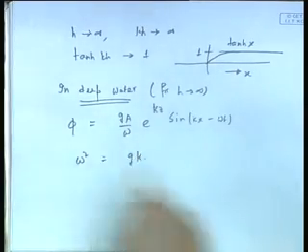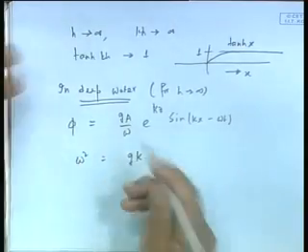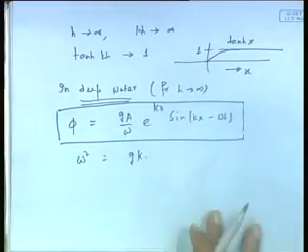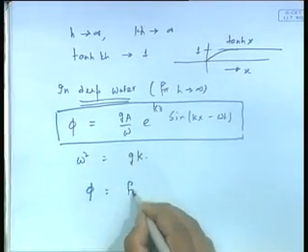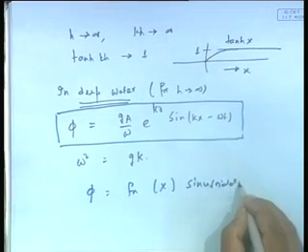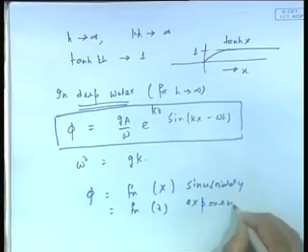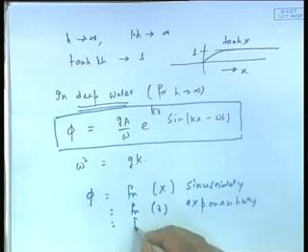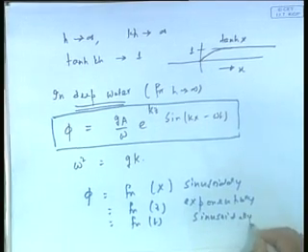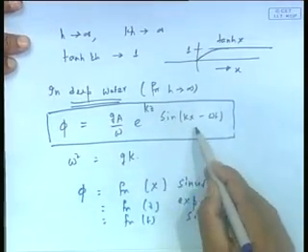Now, this is another thing that I would like to tell you here. Let us look at this relation. You will find two things here. One is that phi is a function of x sinusoidally, a function of z exponentially, and a function of t sinusoidally. So, when I differentiate this, number one, it always remains sinusoidal.